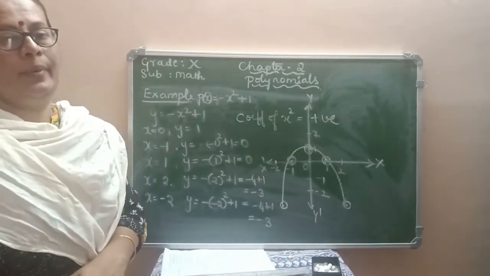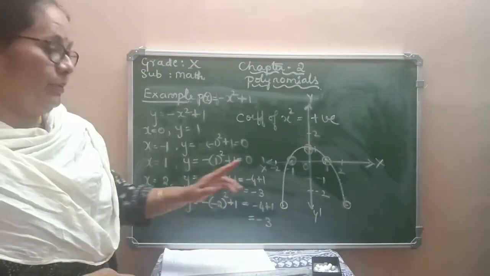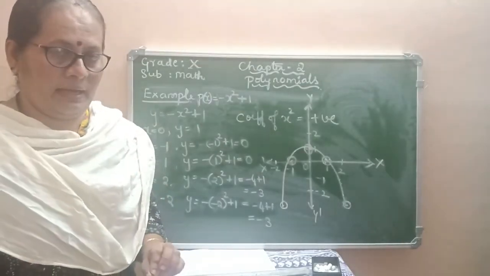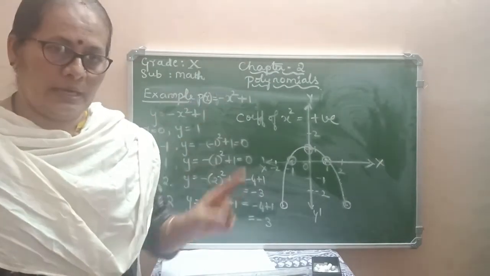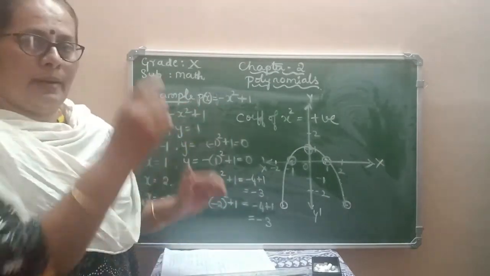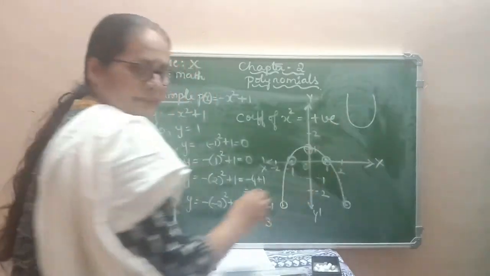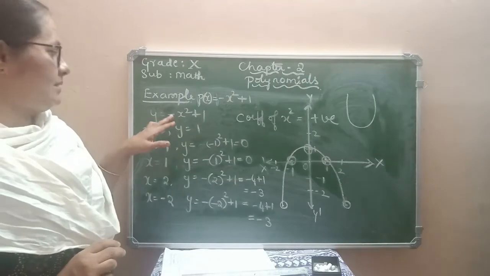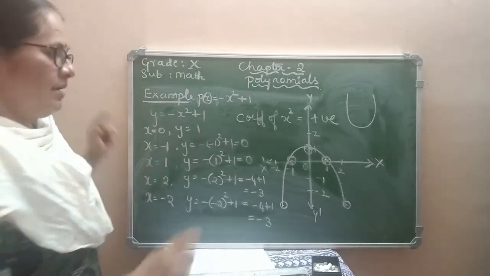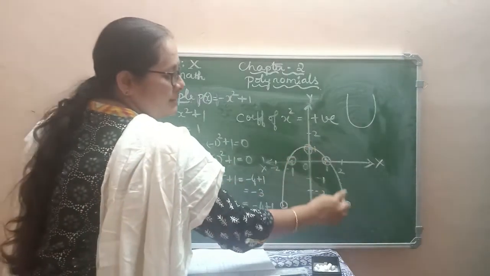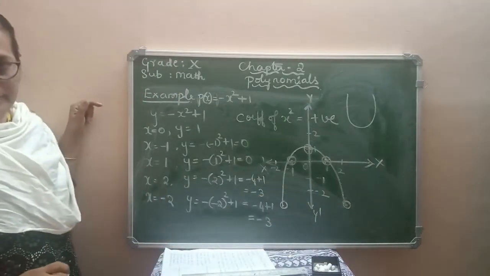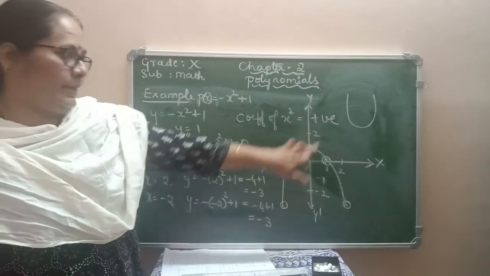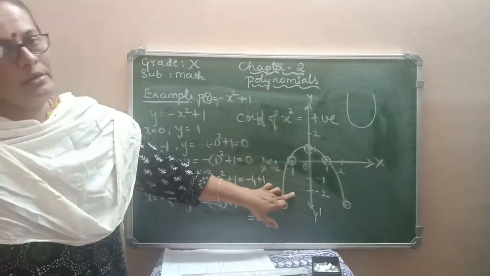This is a very important condition to get two types of parabolas, that is the coefficient of x square. When it is positive, we get parabola open upward. When it is negative, we get parabola like this, open downward. So this is the difference between parabola open upward and parabola open downward.